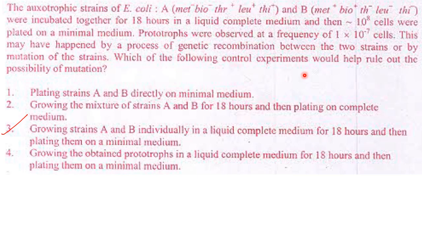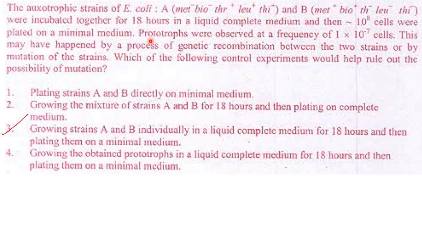So now, which of the following control experiments would help rule out the possibility of mutation? Now you have to see a control for this particular experiment which will help rule out the possibility of mutation. So you have conducted an experiment where auxotrophic strains of E. coli A and B were mated by growing them for 18 hours in liquid complete medium, and out of that 10 raised to 8 cells were plated on minimal medium.